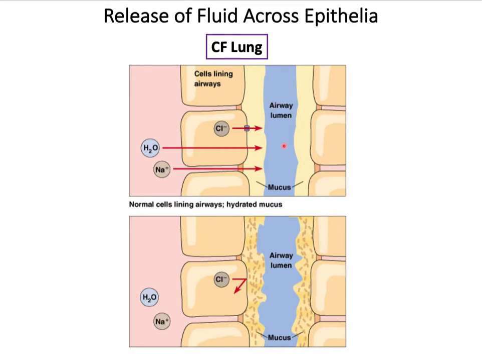So now you have sodium chloride in the mucus, and so now you have this salt gradient, which then draws water across these epithelial cells. In this way, the G protein coupled receptor that was interacting with a stimulatory G protein can induce the flow of water across the epithelium.